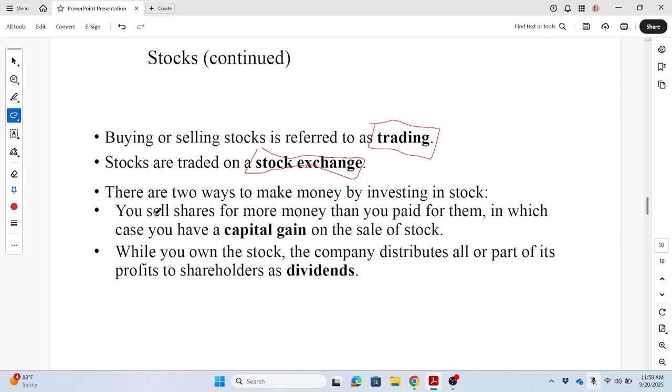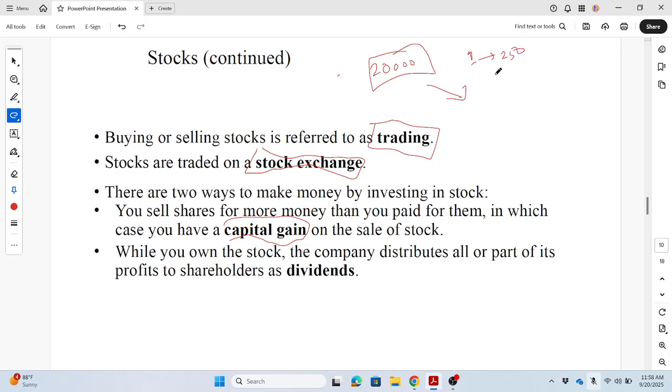After owning stock, if you sell and make a profit, that's called a capital gain. So let's say initially you own 20,000 Apple shares, and the cost of one share of Apple is 250.